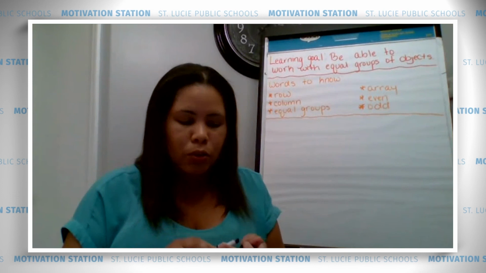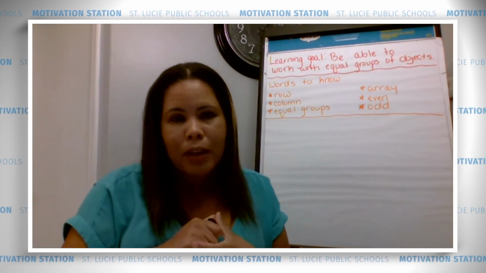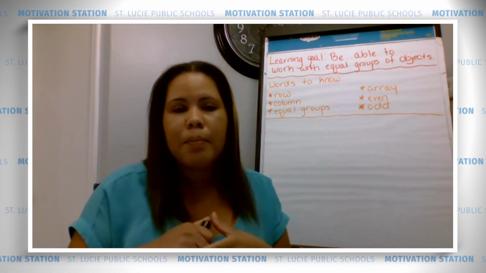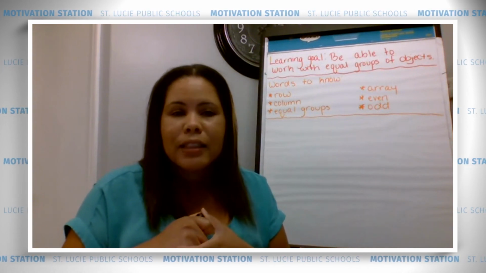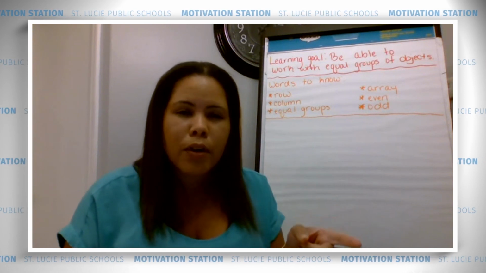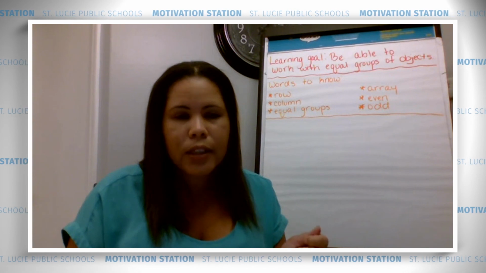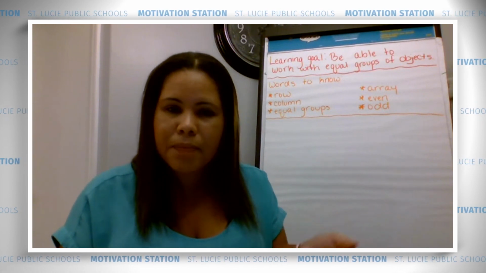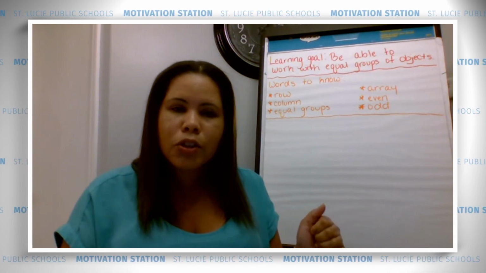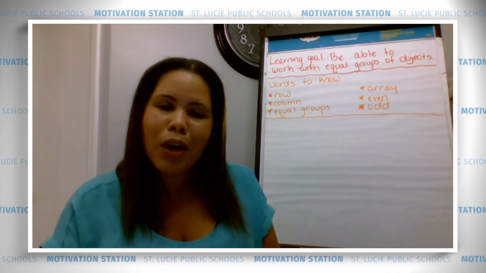Okay, boys and girls, so it is your turn. One game that you could play that I think would be really fun is if you have some dice, roll the dice, and then use the number to tell you how many rows to create. Then roll again and use that number to determine how many objects in each row.